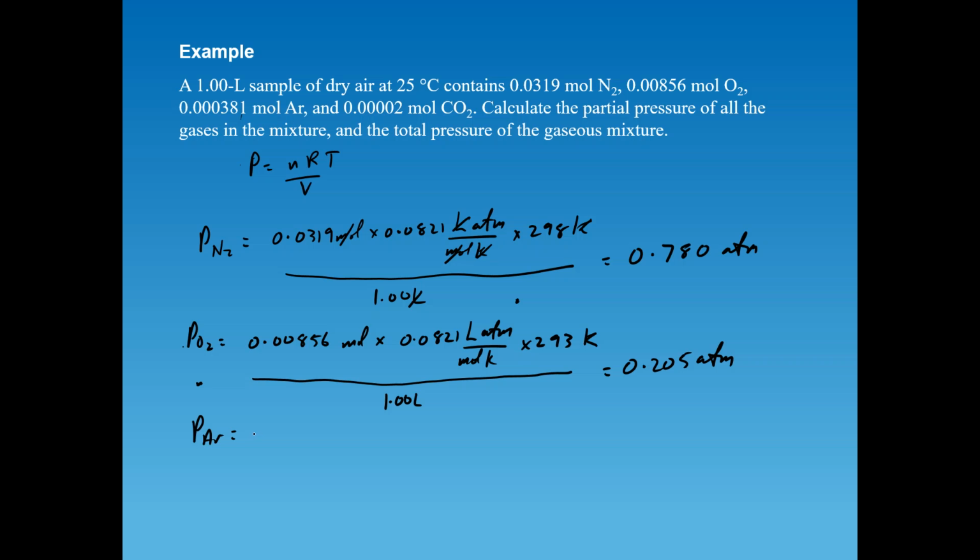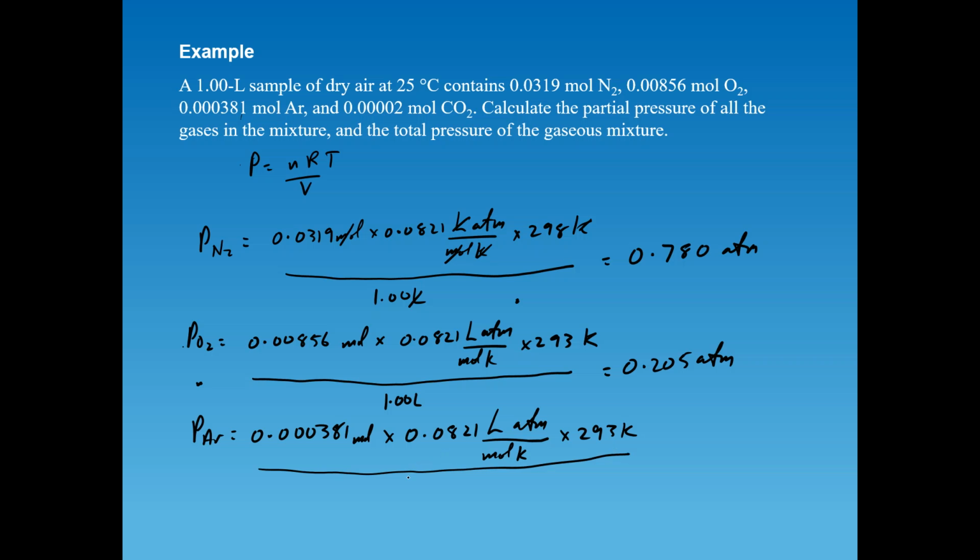Now the number of moles in this case is 0.000381 moles times 0.0821 liters atmospheres over mole Kelvin times 293 Kelvin, all divided by 1.00 liters.